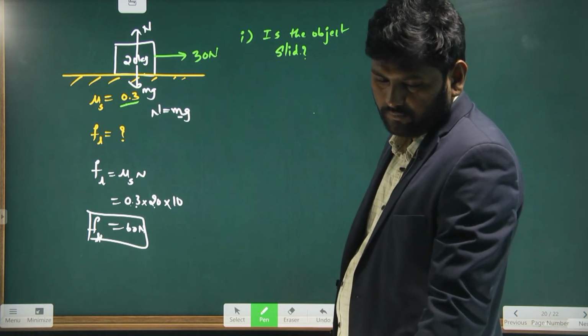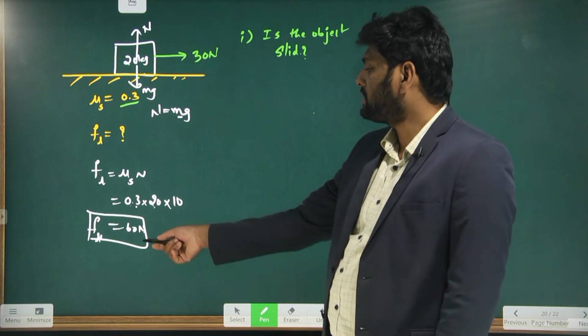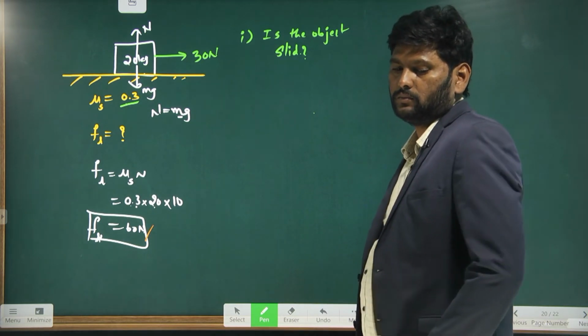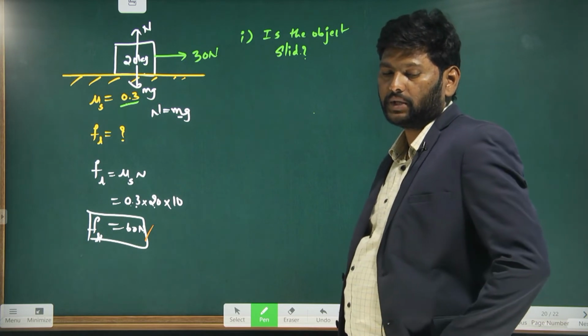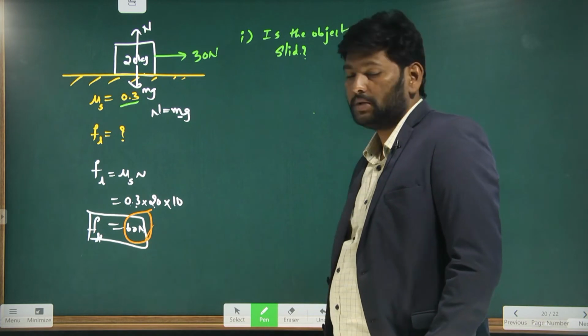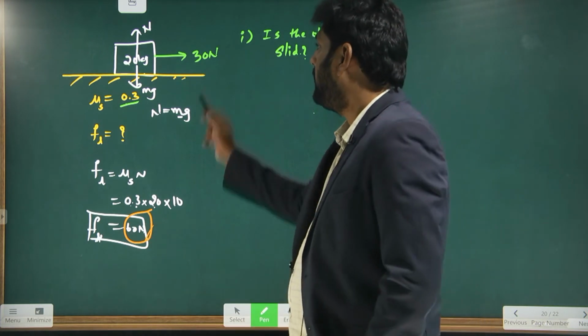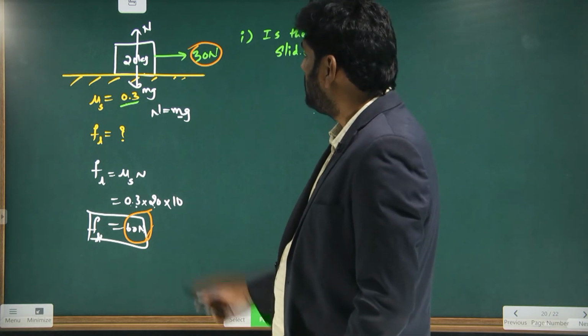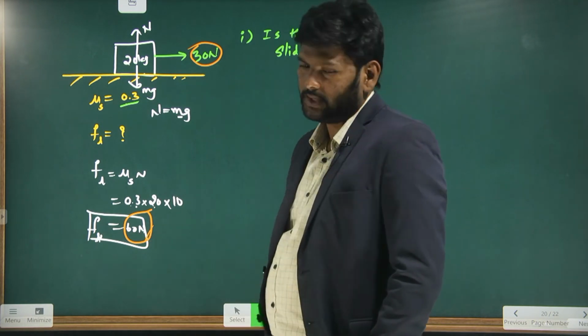Here, the maximum friction force acting on the body is 60 Newton, and the applied force is 30 Newton. Will the 30 Newton overcome the 60 Newton?